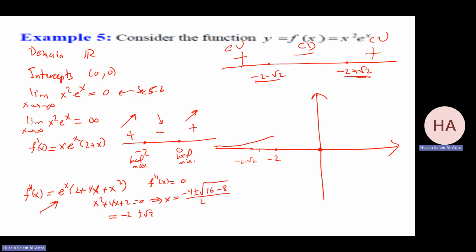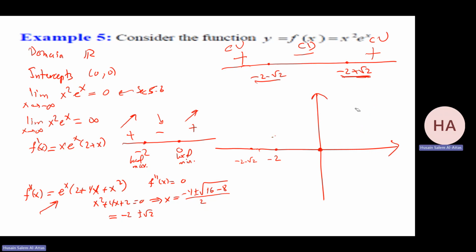So it will concave up until this, then it will concave down until somewhere here. Minus 2 over square root of 3 is somewhere here. Concave down until somewhere here. Then it will concave up again and will increase. Okay. So it's increasing until here.